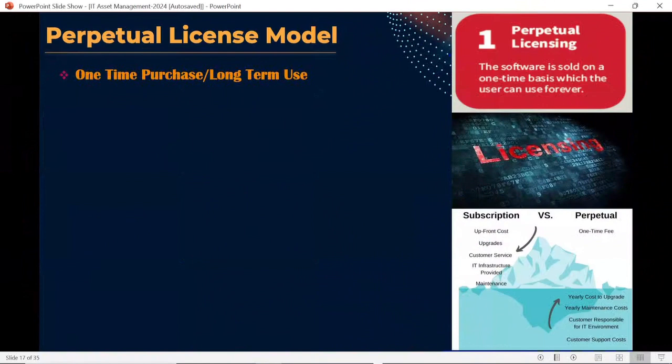Even if the publisher declares that product as end of life, you can keep using it. Nobody is going to restrict you. But you have to keep in mind that you use that product at your own risk, as the publisher has declared that software as end of life or end of support.